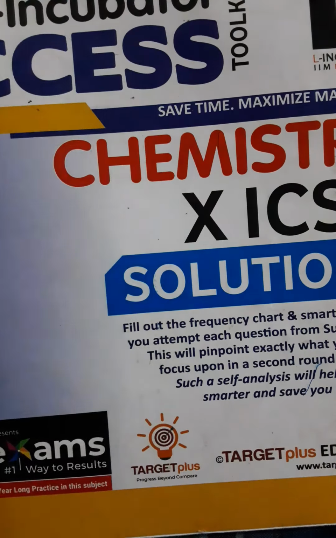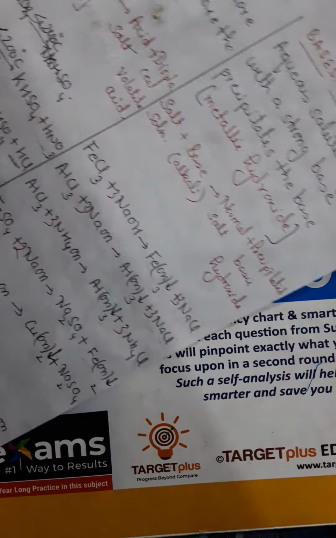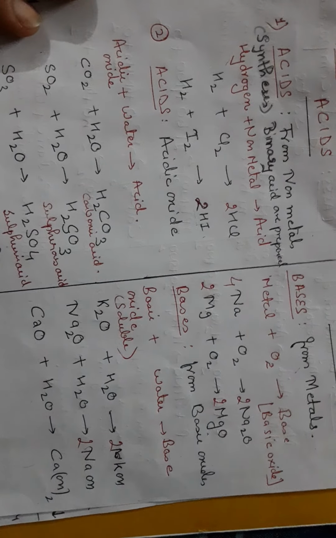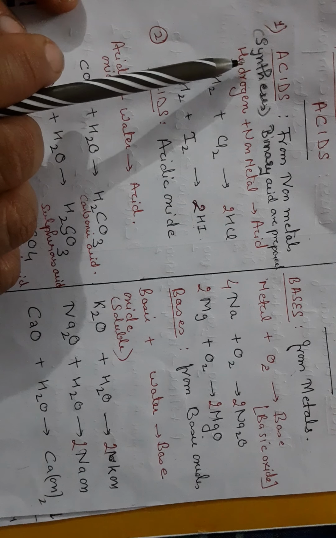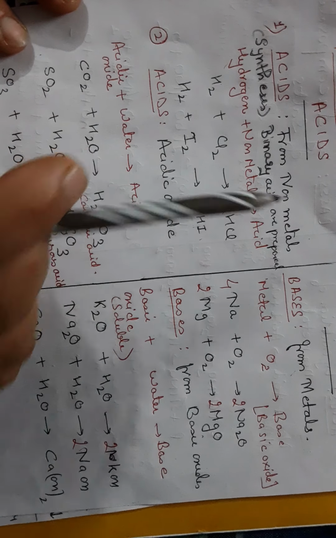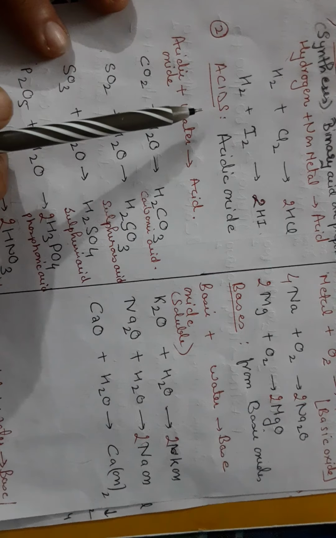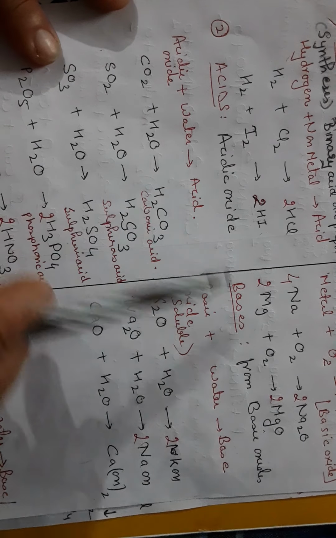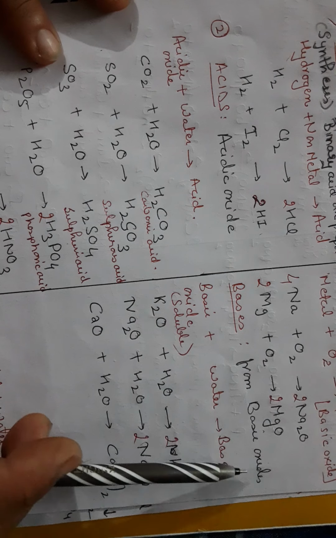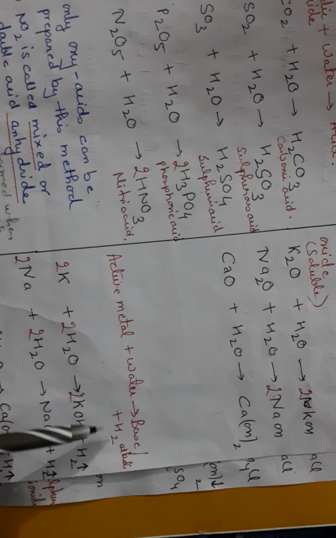So students, today we discussed the various methods of preparation of acids and bases. Again I am repeating, first acids we prepared from non-metals, bases from metals. Acids prepared from acidic oxides, bases from basic oxides. Active metals react with water to form base and hydrogen.